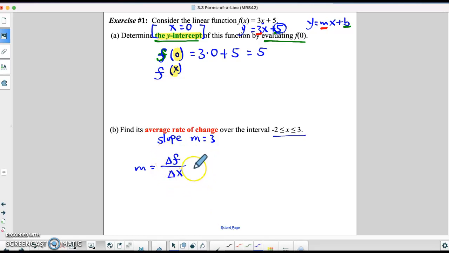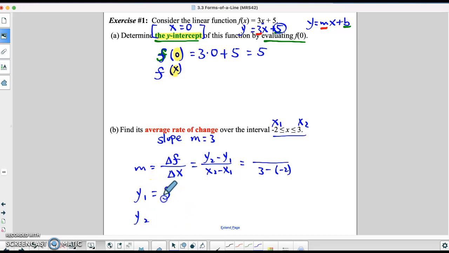It's just notation, nothing different from y2 minus y1 over x2 minus x1. So we do have x1 and x2 here. Let's replace x2 with 3 and x1 with -2. Now the problem is where we can find y1 and y2.